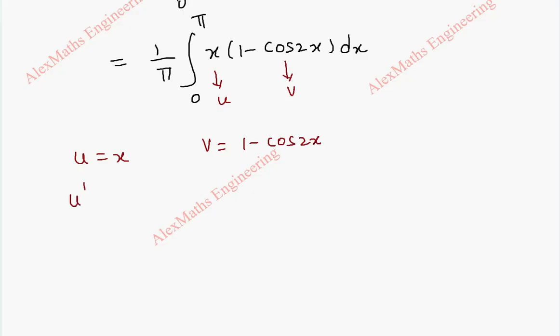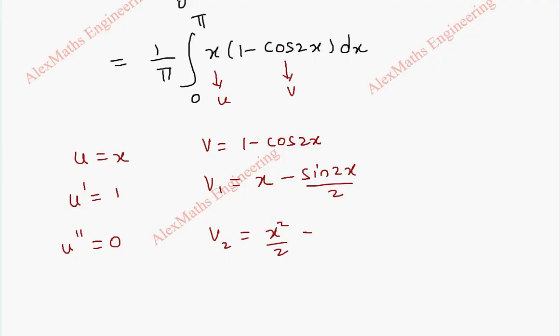Differentiation of u: u dash is 1, u double dash is 0. Here, integration of v is v1, integration of 1 is x minus sine 2x by 2. Again, further integration is x square by 2 minus, so minus sign integration is cos, so plus cos 2x by 4.